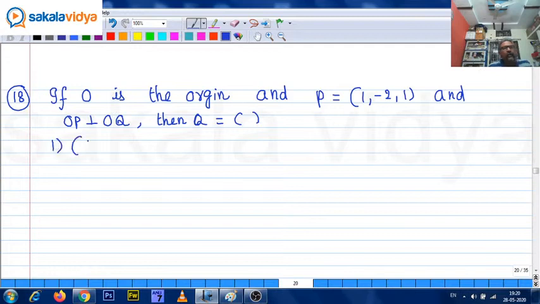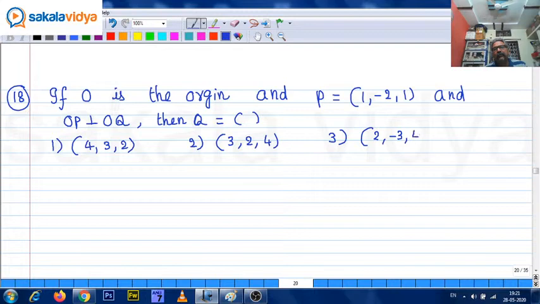First option 4 comma 3 comma 2. Second option 3 comma 2 comma 4. Third option 2 comma minus 3 comma 4. Fourth option 1 comma minus 2 comma 3.